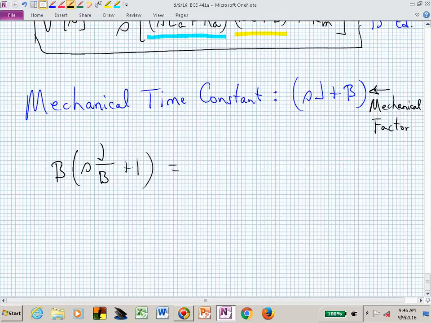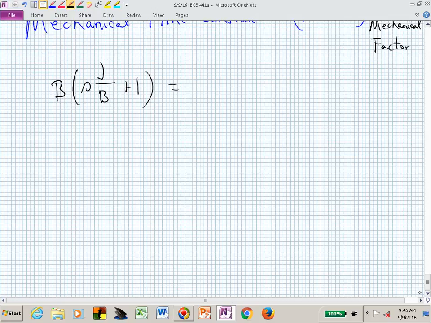Because what are the units on S? S is a frequency domain variable. What would you sort of associate the units of S being? Radians per second. It's per second, isn't it?